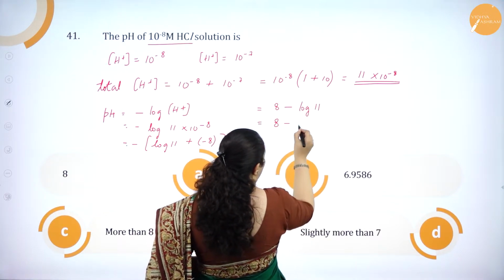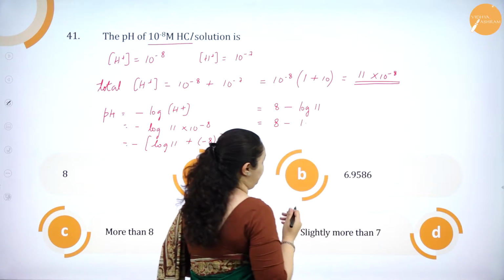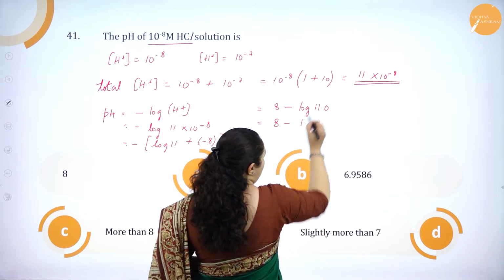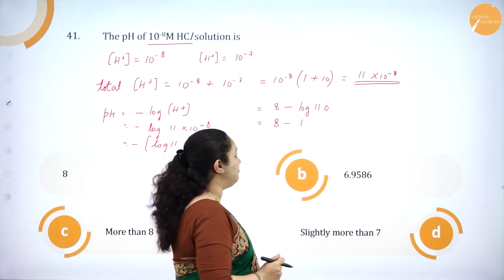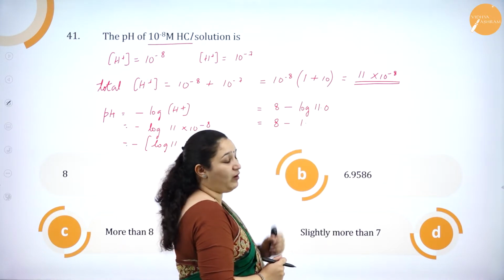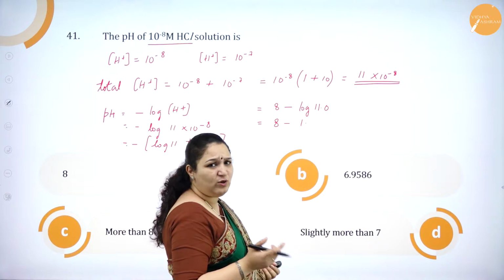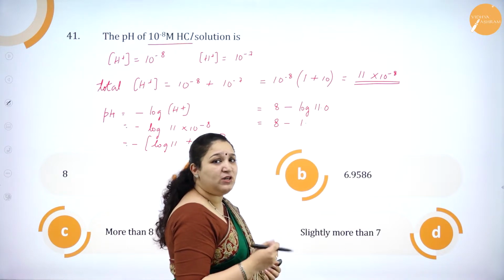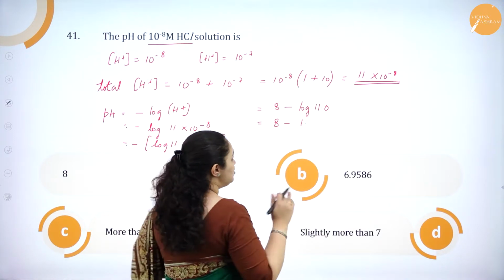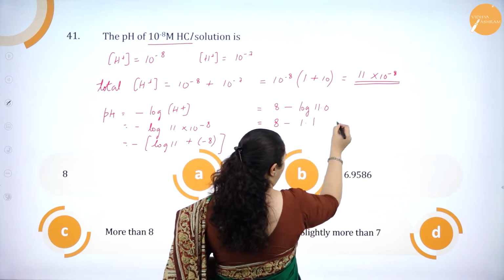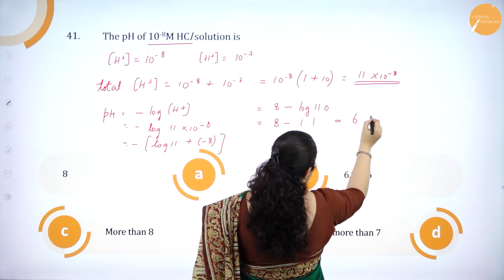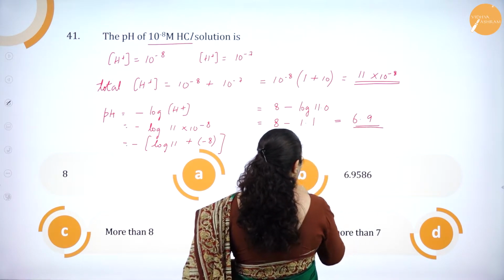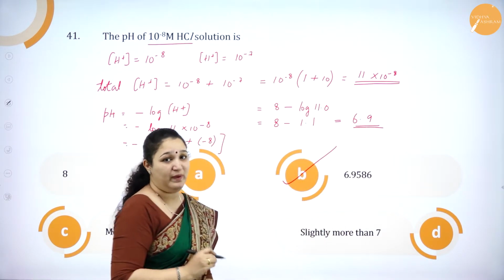So 8 minus 1 point something. Before the decimal point we have two digits, so the log value will be 1.1 something. We don't know what is log 11, but log 10 we know it as 1. So I'll just consider it to be 1.1, rounded off. So it is 8 minus 1.1 is 6.9. So option B should be right.